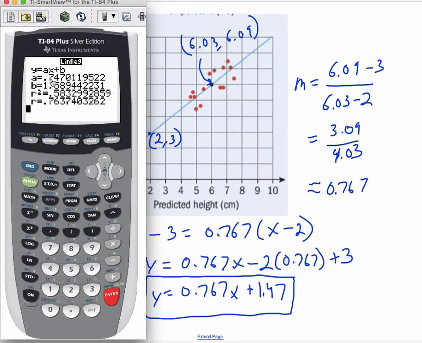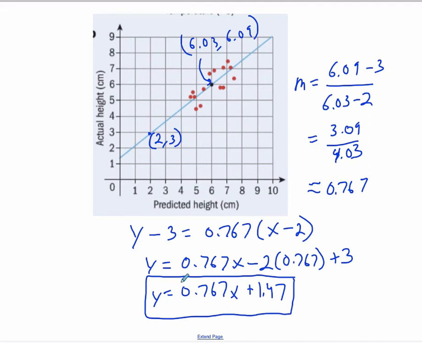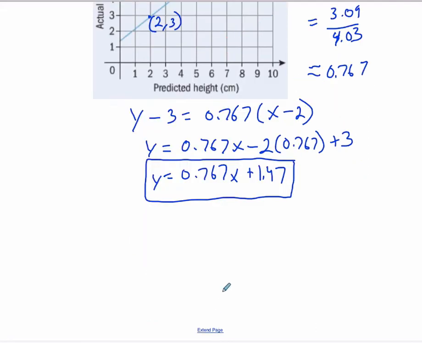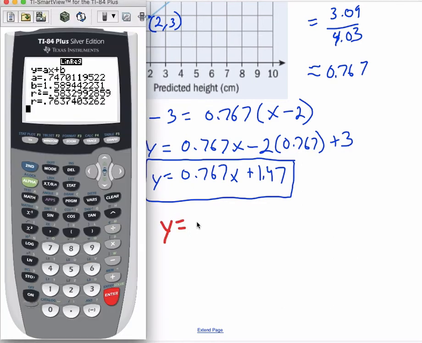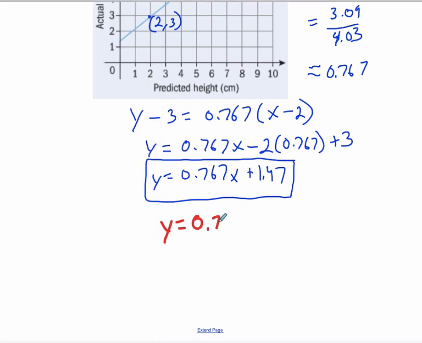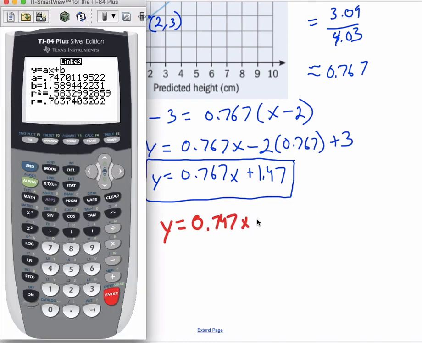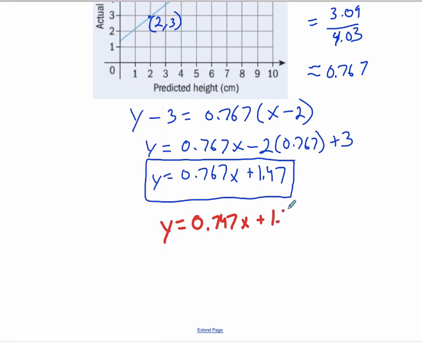So this is the line of best fit we have circled here in blue, and in red I'm going to write the linear regression equation. It's y equals 0.747x plus 1.59. Okay, so they're pretty similar.